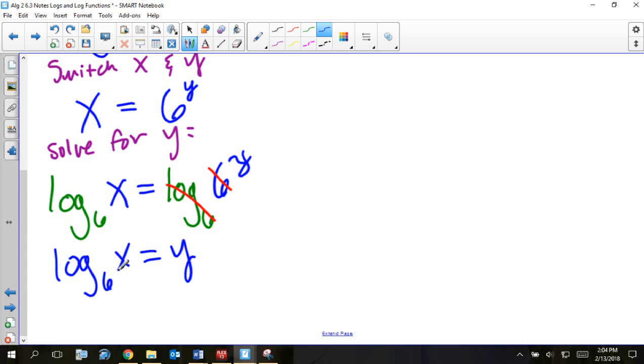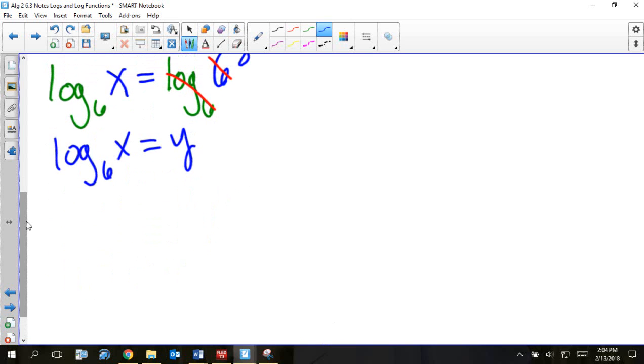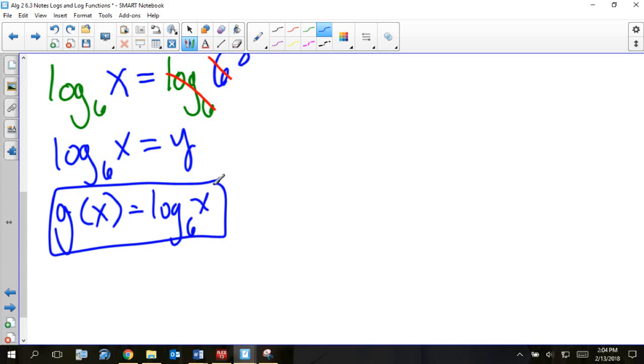So I have log base 6 of x equals y, and then because the original question started as f of x, I'll just make it g of x. So the inverse of 6 to the x is log base 6 of x.